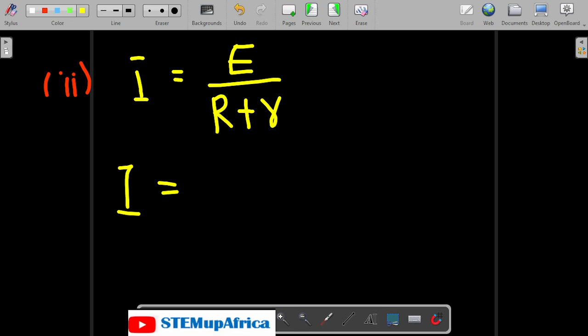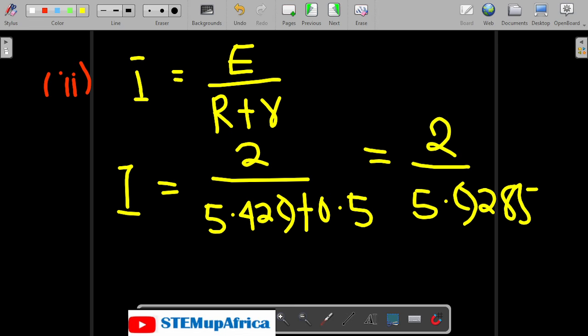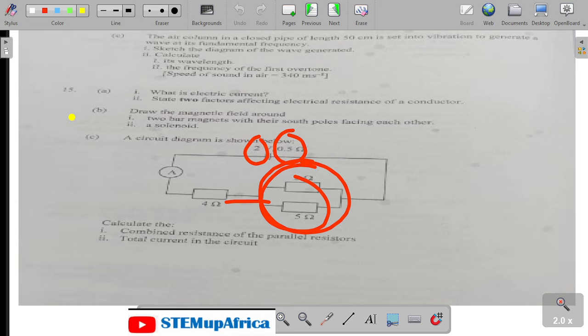What is the EMF given to us? Our EMF is 2. Total resistance we calculated is 5.429 plus internal resistance 0.5, which is 2 over 5.929. If I divide, I'm going to have 0.337 ampere. So this is now the value of the current according to question 15. So hold on for 16 and 17.